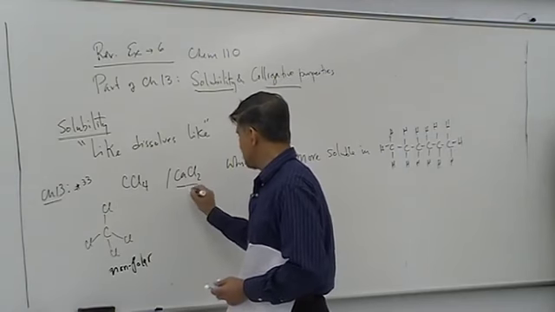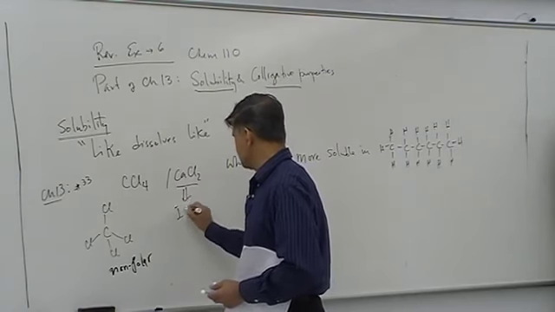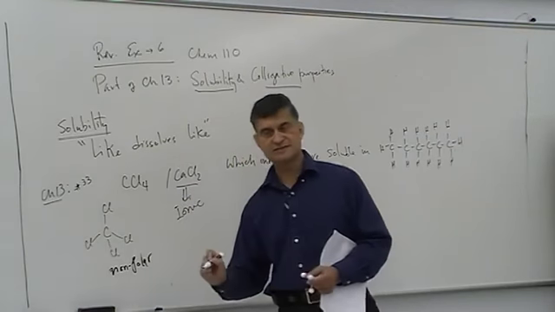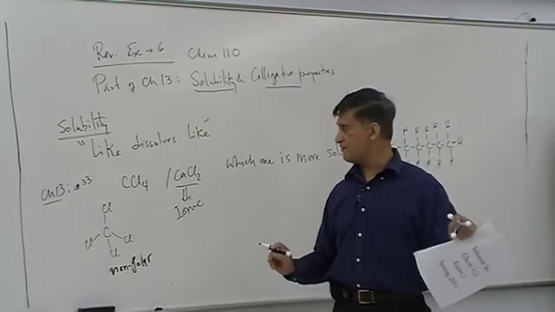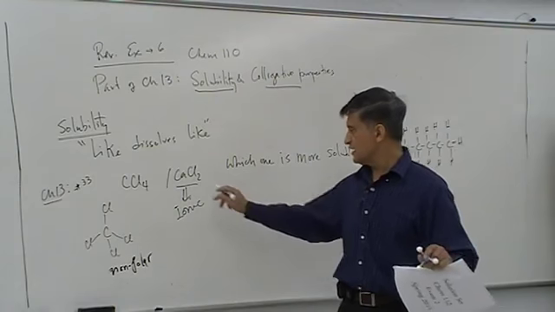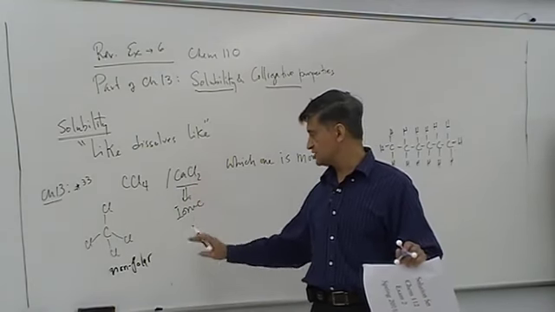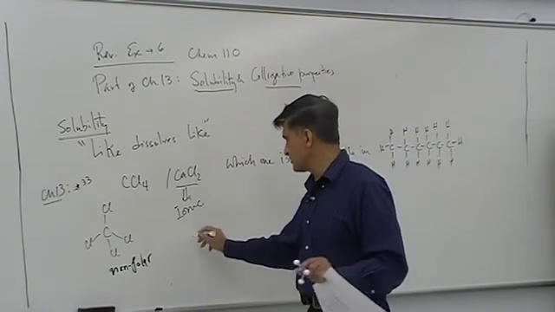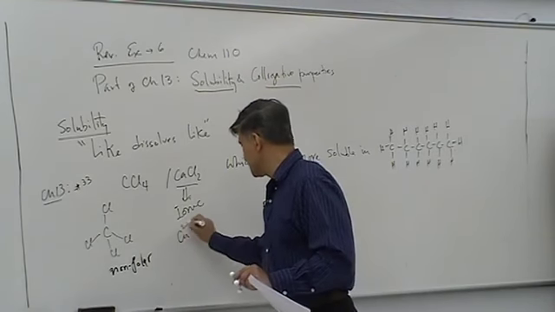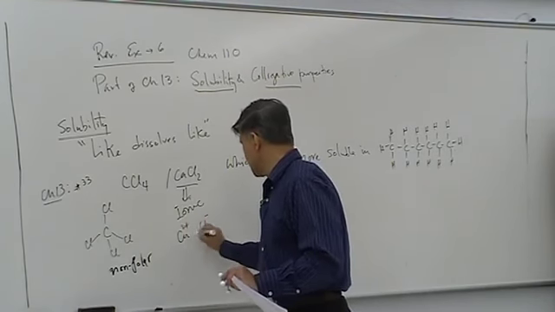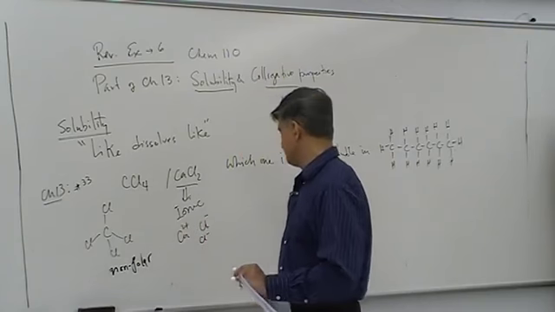Calcium chloride is an ionic compound. How do I know that? Calcium is from far left of the periodic table, and Cl is from far right. So there's a big electronegativity difference, and that gives an ionic bond. Ionic bond means calcium would be 2 plus, Cl would be minus, like that.